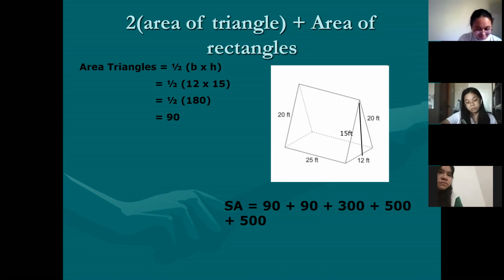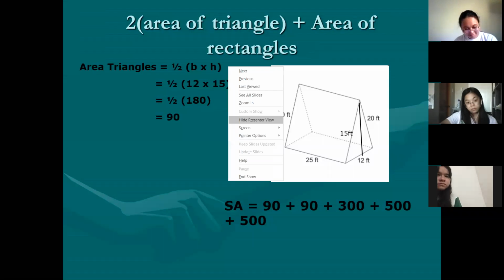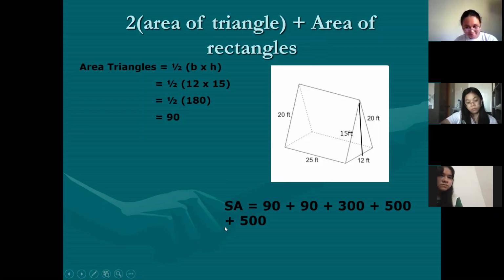So if you multiply 12 times 15 and divide the result by 2, you get 90. That 90 represents the first triangle, and the second 90 is also the second triangle.